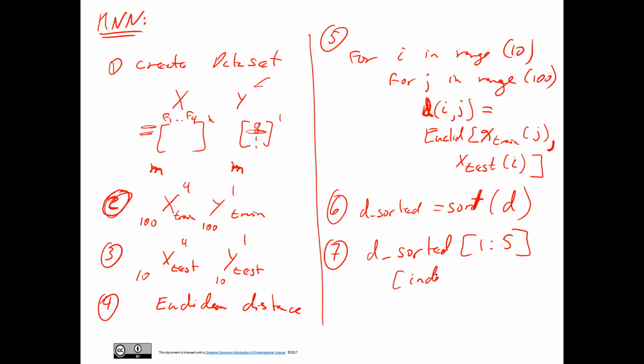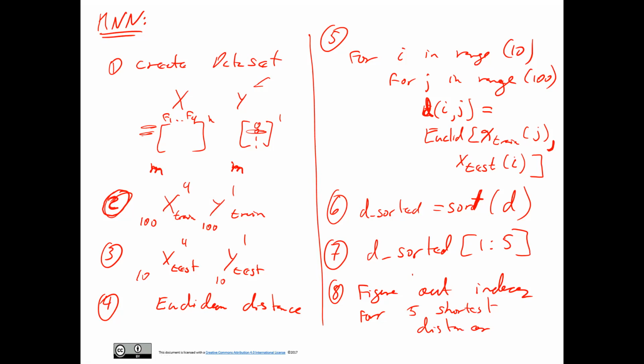So that's the last part that I'm going to leave to you guys to think about: figure out indices for the 5 shortest distances. And then once you do that, you've got the indices. You can look up the indices in the labels, and now you can decide for a test sample what the value should be.